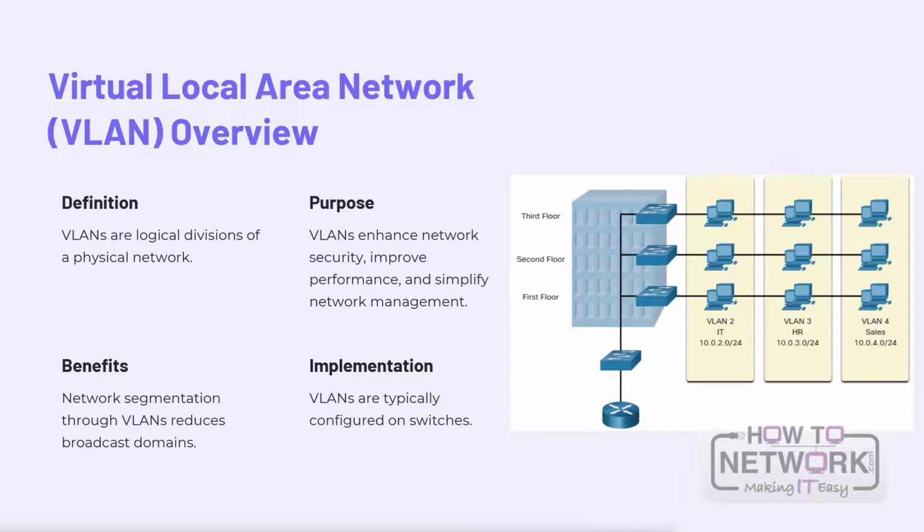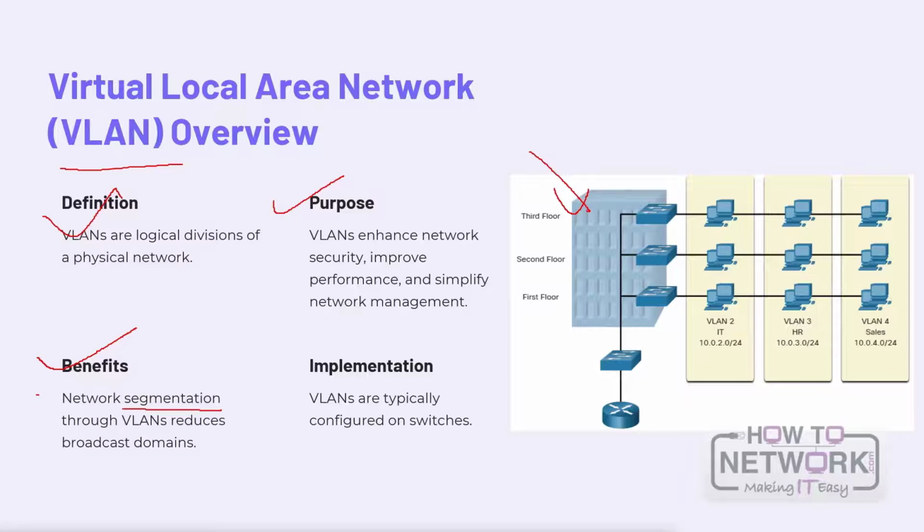So going back to the topic, let's talk about what VLAN is, right? VLANs are logical divisions of a physical network, allowing multiple virtual networks to exist on a single physical infrastructure. VLANs enhance network security, improve performance, and simplify network management by logically grouping devices regardless of their physical location.